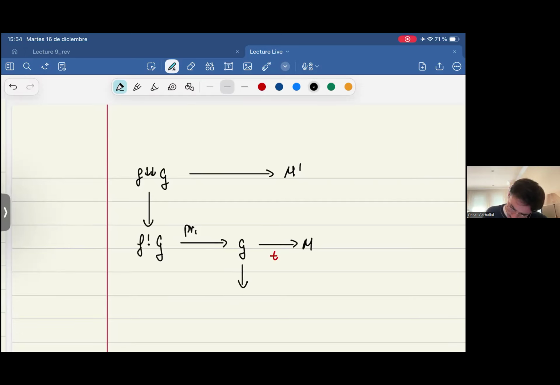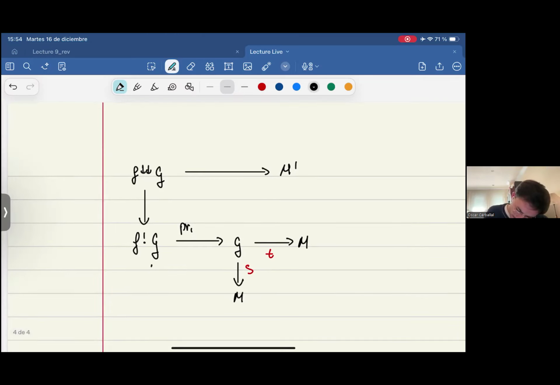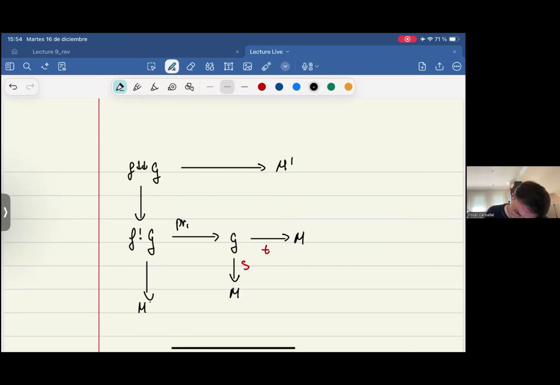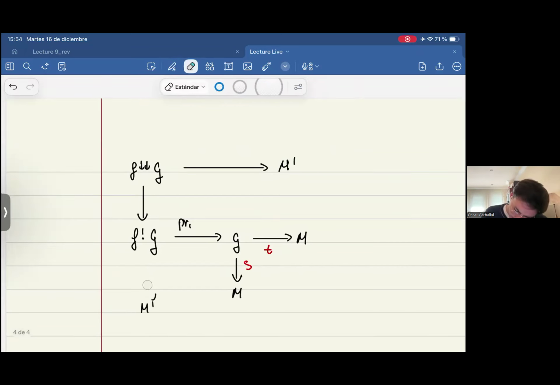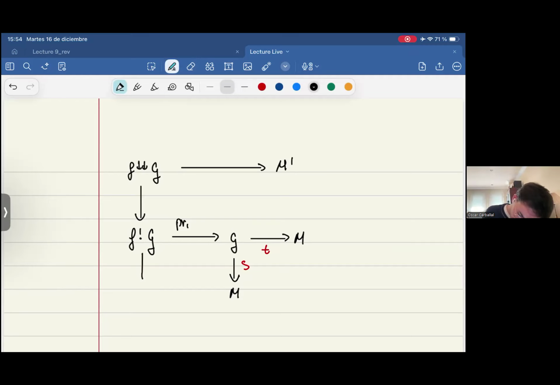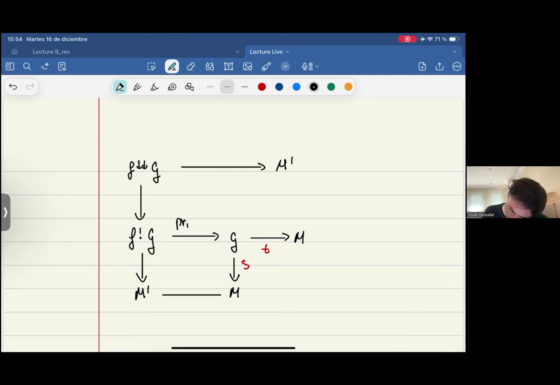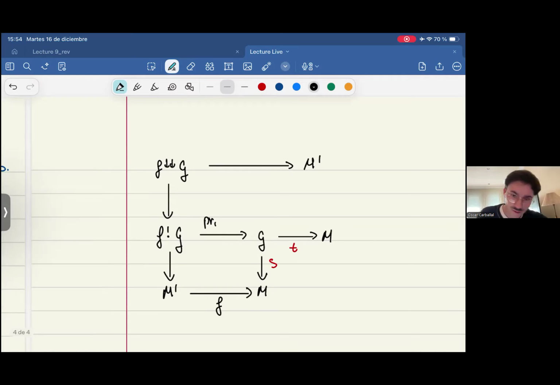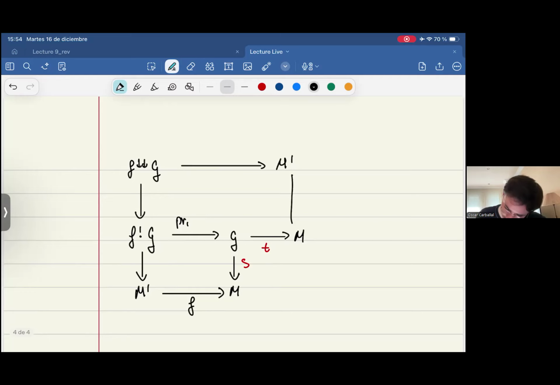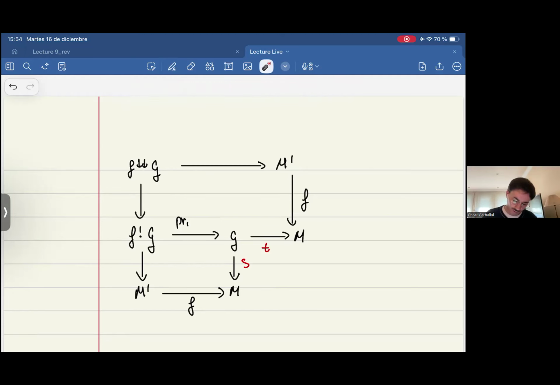This is source. It is M prime. Wait, sorry. This one has to be a bit shorter. Okay. And this is F. This is source, target. Okay, this is just the projection. And this is our smooth map.